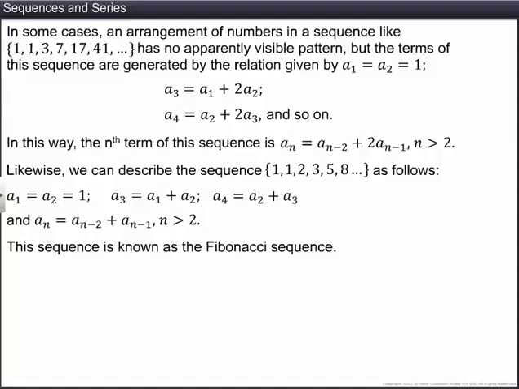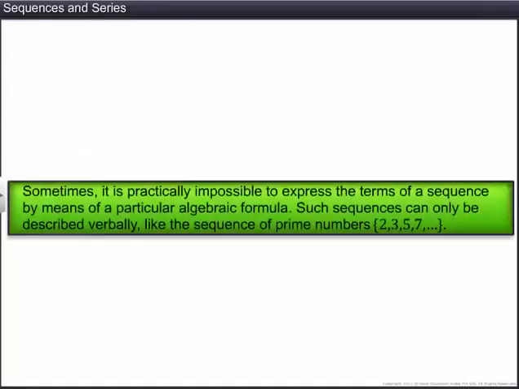Sometimes, it is practically impossible to express the terms of a sequence by means of a particular algebraic formula. Such sequences can only be described verbally, like the sequence of prime numbers 2, 3, 5, 7, and so on.